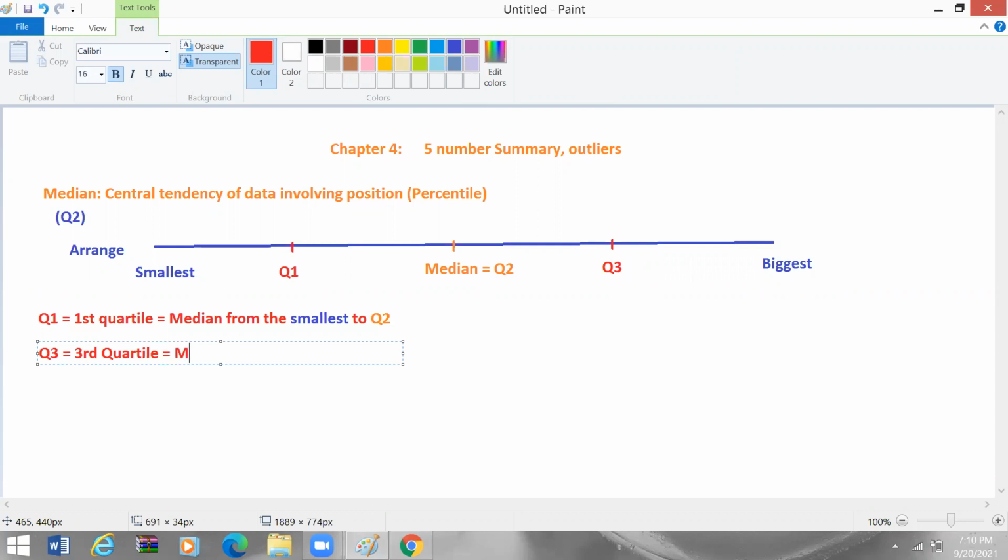This will be the median from the Q2 to the biggest. So for the final summary, we need to find 3 medians, and that's technically going to help us solve a problem. The last 2 numbers will be the smallest and the biggest, so we have 5 different numbers. This is why we call it the five-number summary.